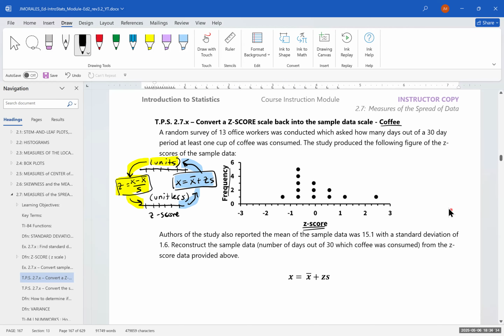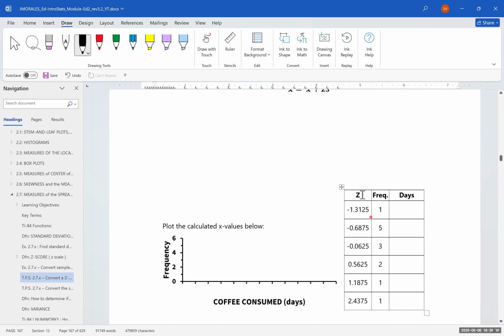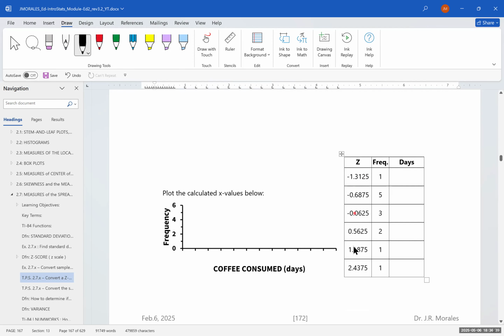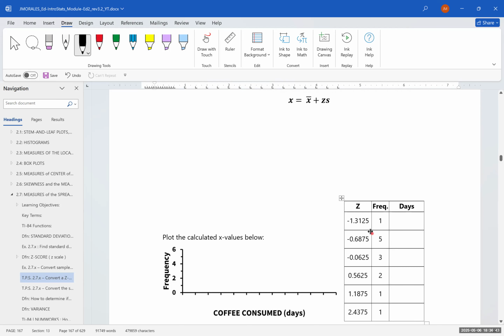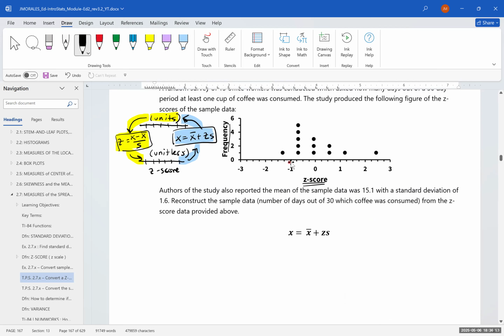But that's okay because I've provided a table of z-scores here and the frequency of each z-score. You can see this z-score, the highest negative value, is negative 1.3125. So negative 1.3, there was one of those. Here's 1.25, so 1.3 is right about here, and that's this data point.